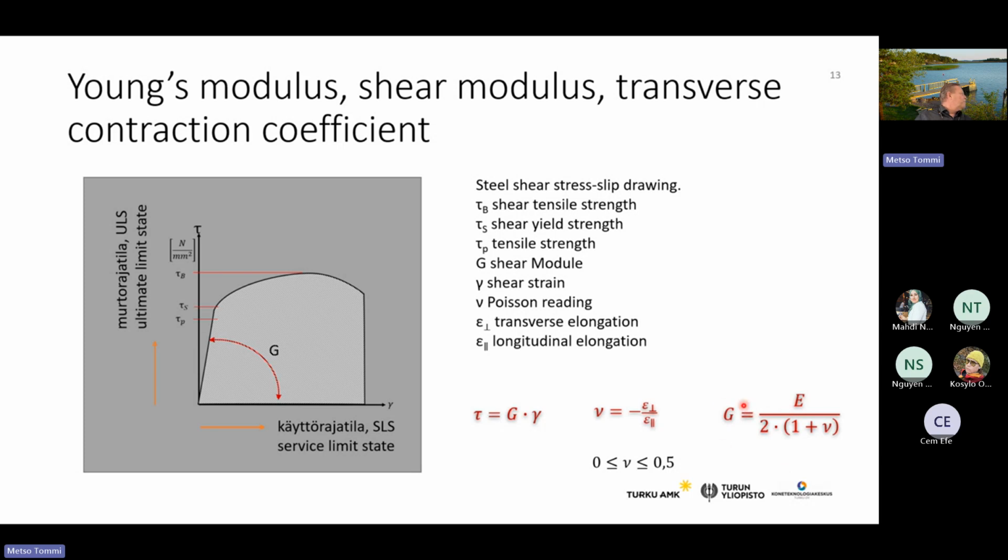Also, this G value is quite a bit smaller. Steel's E value is about 200 gigapascals, and this G value is about 70 gigapascals. So also deformation in shear stress is greater than tensile stress.